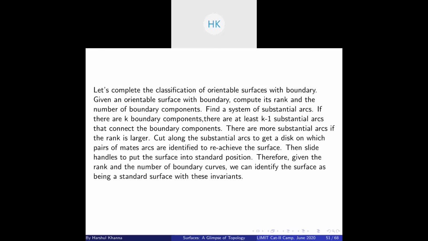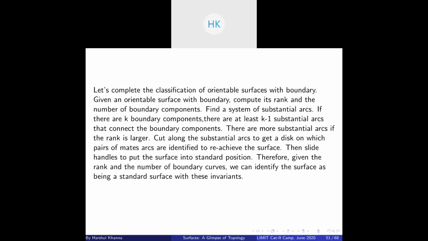Then cut along those substantial arcs, and rebuild the surface by attaching handles. Then slide the handles and get a system which has a complexity of a mix of 0 and 1. And then this will be a standard surface, right?